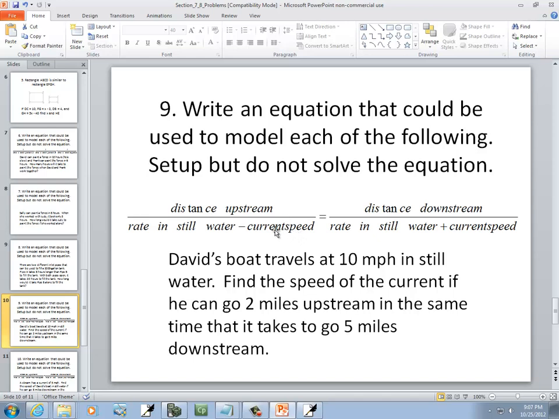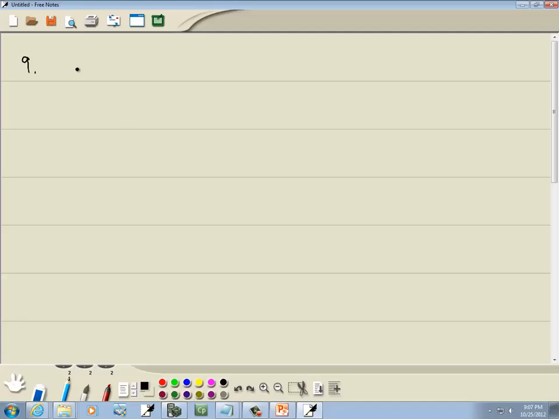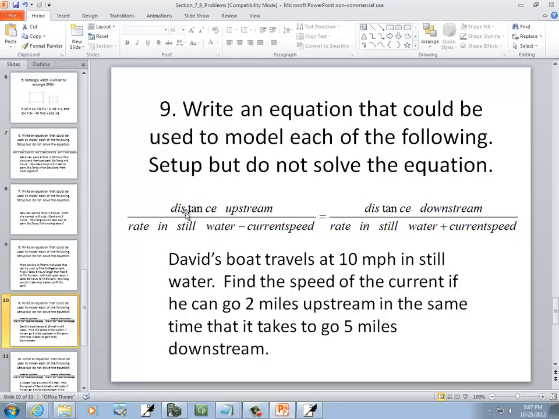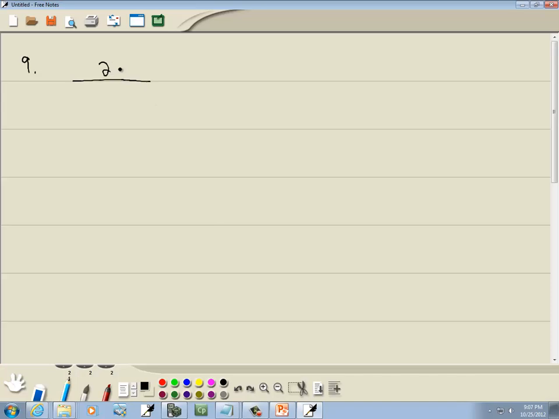And let's see what we're given. David's boat travels at 10 miles per hour in still water. Find the speed of the current, so find c, if you can go 2 miles upstream in the same time it takes to go 5 miles downstream. So the first one is 2 miles upstream. Okay, so let's come over here. Our formula says distance upstream, 2 miles upstream, so that'd be 2.